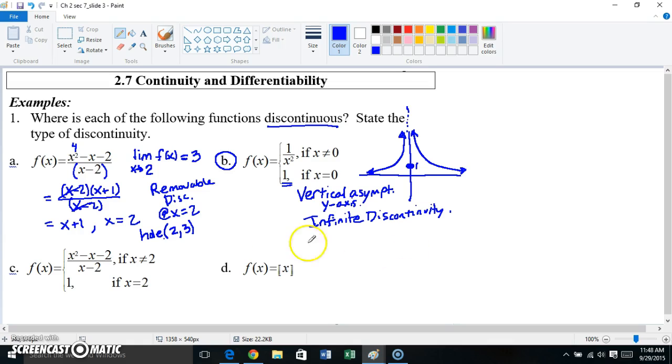Okay, graph C. Now notice that graph C is a piecewise function, and it contains the piecewise function that we used in part A. All right, the graph for part A, remember, is the line x plus 1, except there is a hole in the graph at 2.